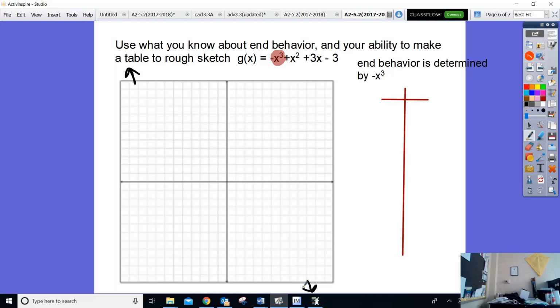But yeah, I don't want you doing white. You're not learning anything when you do white. I know you think it's stupid. I know you do. Make a table centered around 0. Go back a couple of units. Go forward a couple of units.